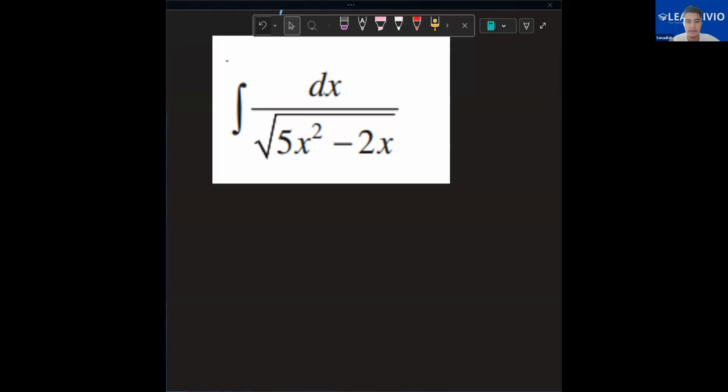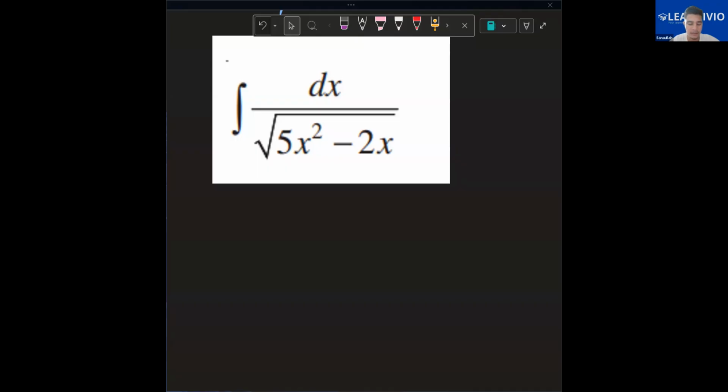In this completing the square method, my x square coefficient should be 1. So first of all, my aim should be to make the x square coefficient equal to 1. Here the coefficient of x square is 5, so you have to make it 1. For that, you take 5 outside and write this as x square minus 2 by 5 x. Then take half of the coefficient of x, and add and subtract its square.